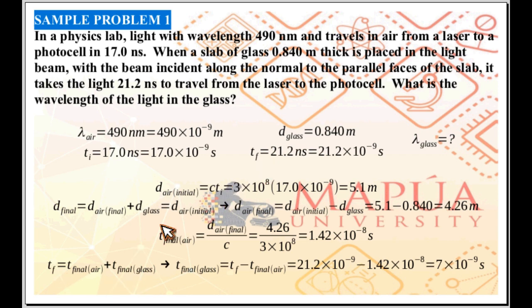Knowing TF and T final air, we are now able to calculate the time of travel of the light beam in the glass: 7 times 10 to the negative 9 seconds.